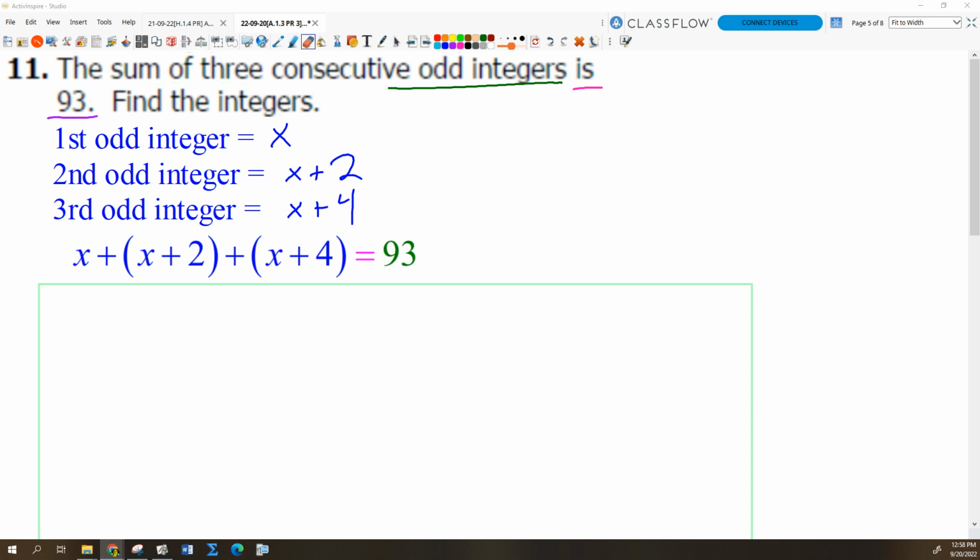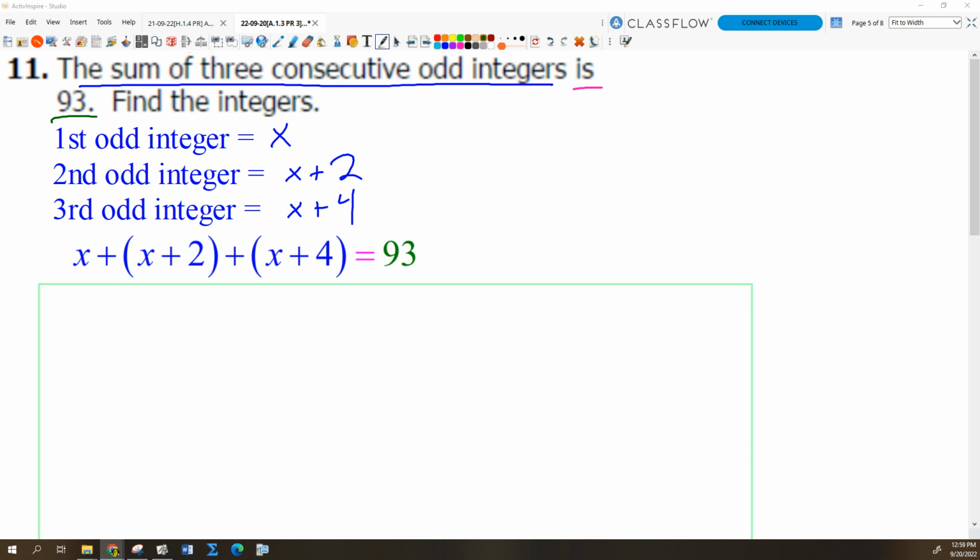Just for note purposes, I want to make sure the colors are all right, so you can look back at the colors and they mean something. So the sum of 3 odd integers, that's the blue part, equals 93. Make sense?